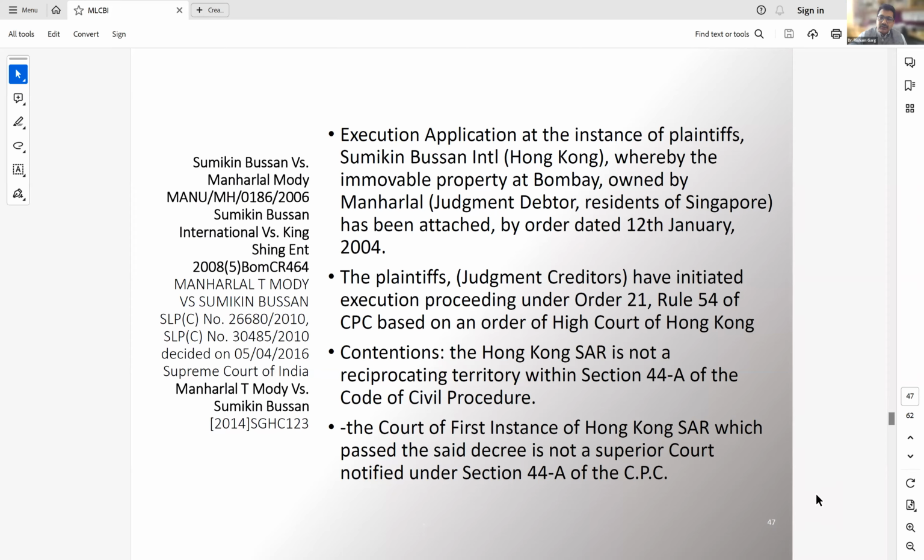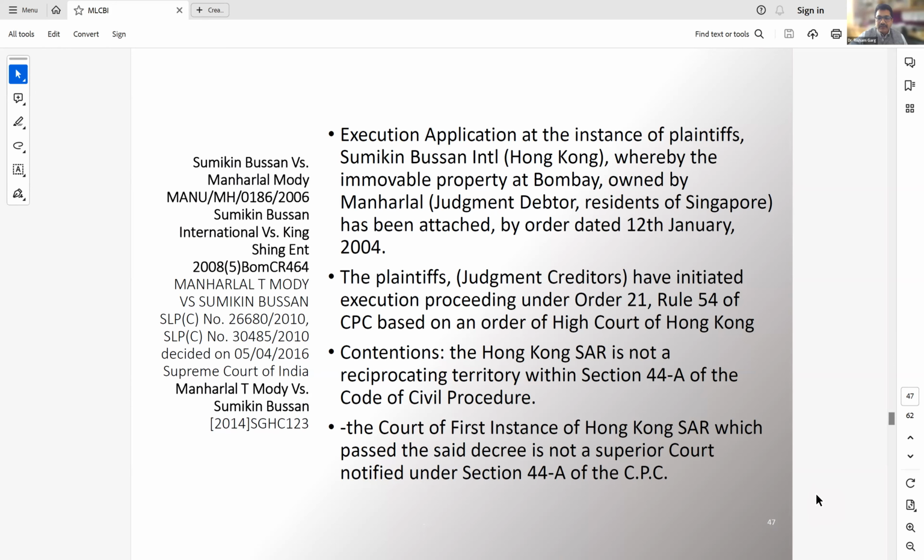So initially, this Hong Kong company, Sumikin Busan, filed under Section 44A, and the Bombay court found that Hong Kong is not a reciprocating territory, and hence this application under 44A for direct execution cannot be entertained.